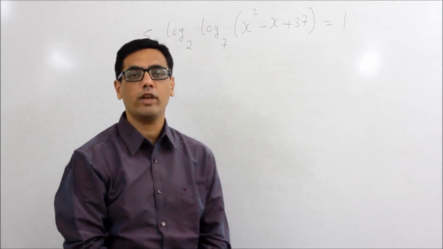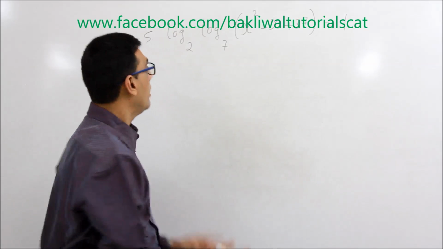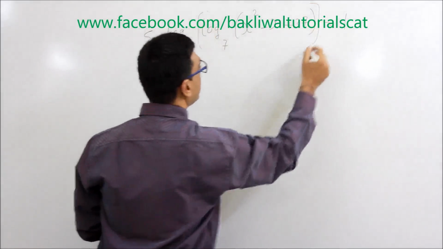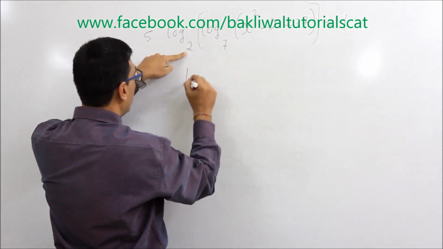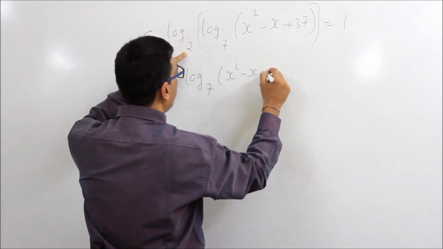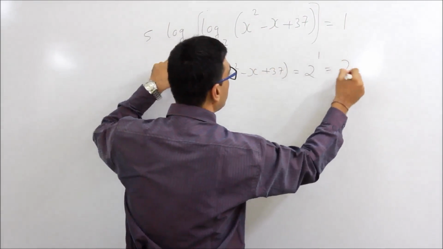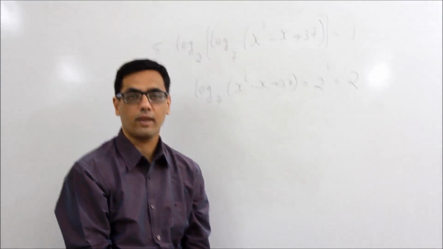Find what values can x take. Find the solution of x. So again, we will apply the same rule. This 2 will go here to raise it. So it becomes log 7 of x square minus x plus 37 is equal to 2 raised to 1, which is 2. That is the starting step.